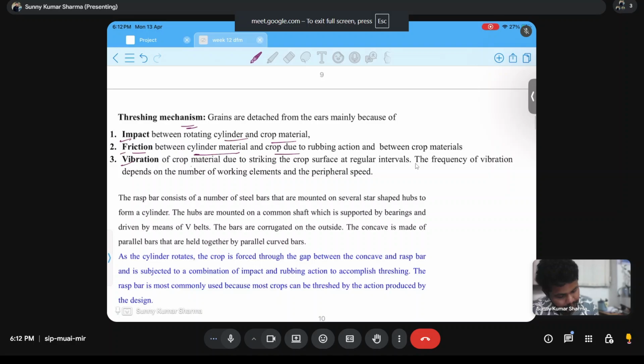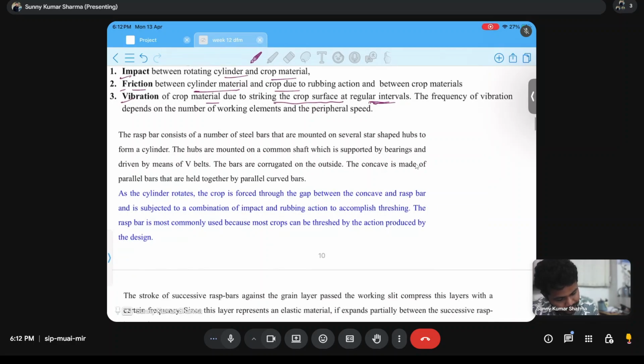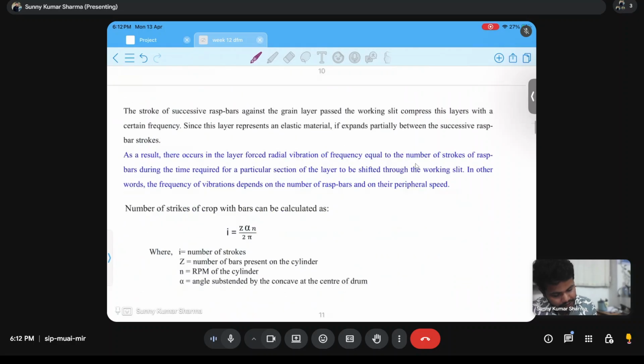Vibration of the crop material due to striking of the crop surface at regular intervals can also be used for threshing. So these are the mechanisms of threshing.